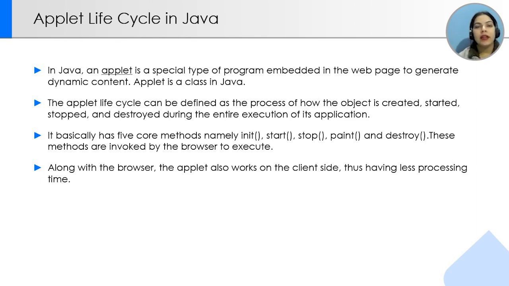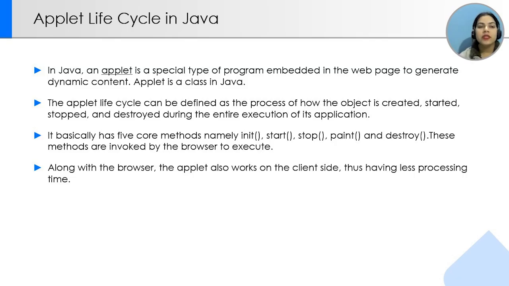The entity that is responsible for providing the dynamic content to any website is known as an applet. Basically, applets are a special type of program that we can embed with web pages to generate dynamic content.